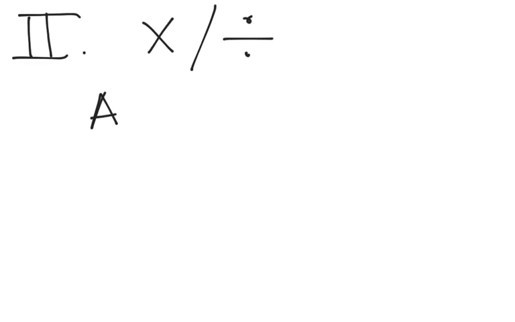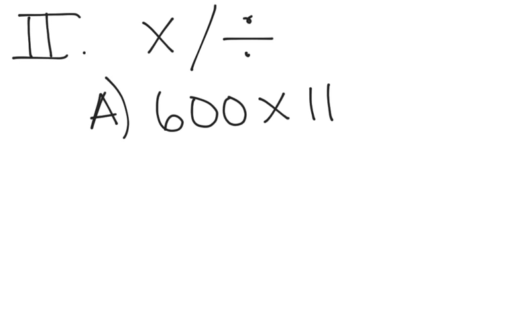Okay, now what if you are multiplying 2 numbers together, or you are dividing the numbers? There is a rule for rounding your answer. The answer should have the same number of significant figures that the number in the calculation with the smallest number of significant figures has. For example, say you have the number 600 multiplied by 11.